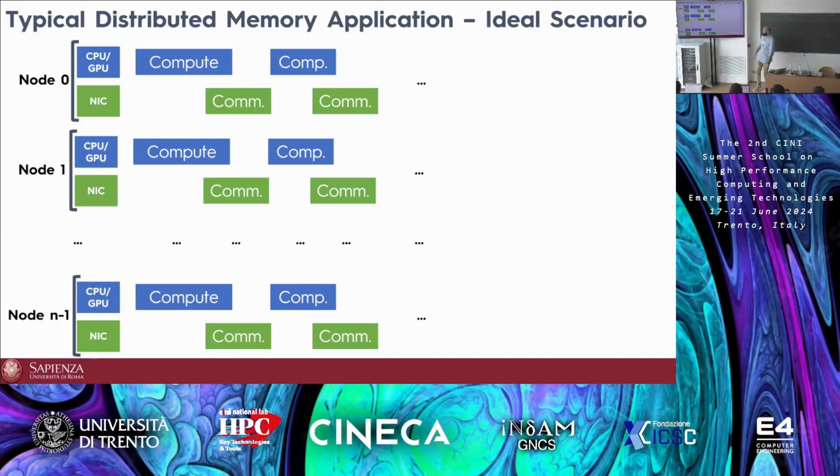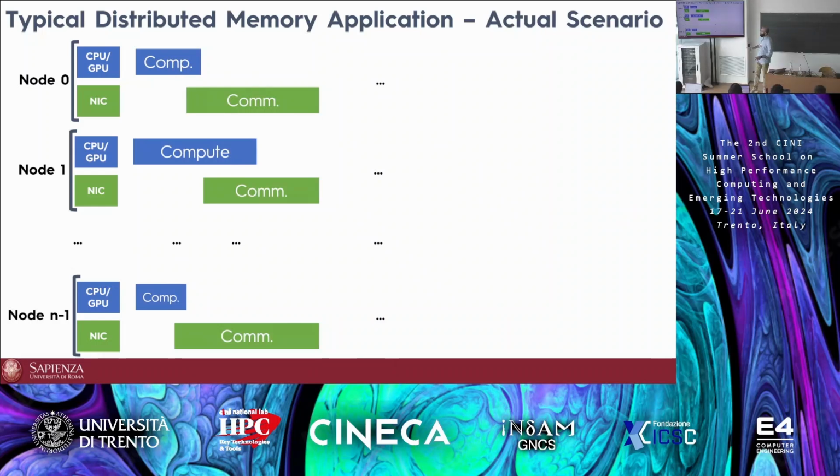Okay, but that's the ideal case. That's still a very nice world where everything works properly, everyone is well aligned. When I do the communication, I will magically find the data there. Everything is perfectly spaced. That's not always the case. What happens in general is that you have load imbalance. Some cores might be faster, some cores might be slower because of unbalanced data, for example.